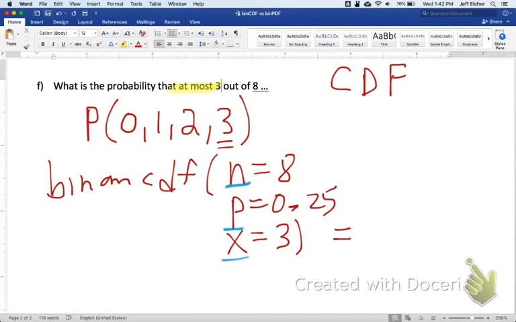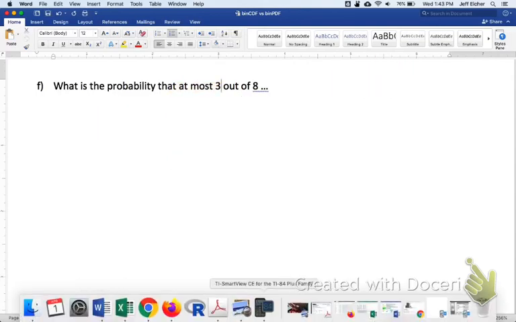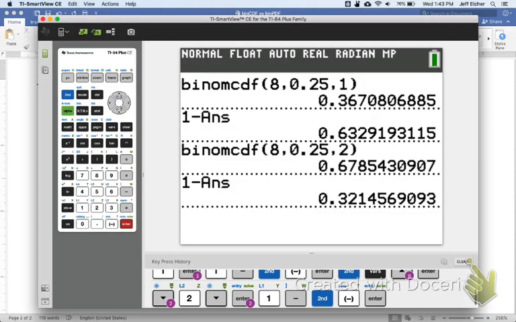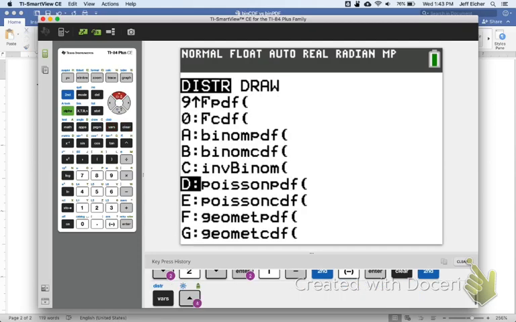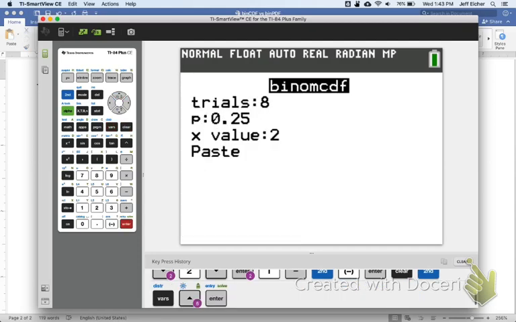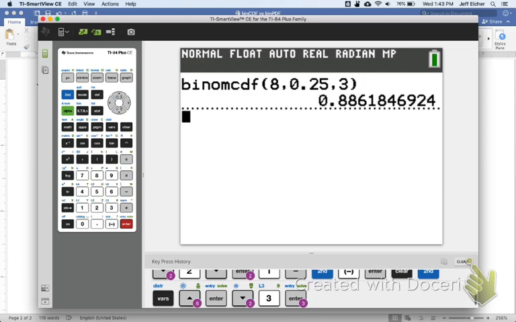It's not a complement we're looking for. Going to our graphing calculator, let's clear all that stuff, second vars, BinomCDF, 8, and we're doing at most 3. So the answer we get is 0.886.